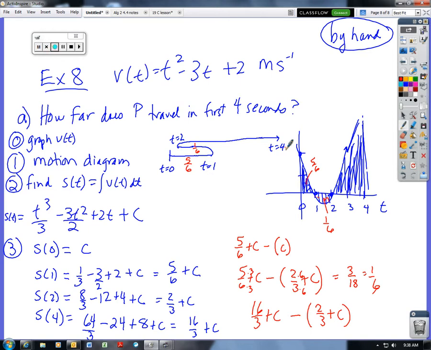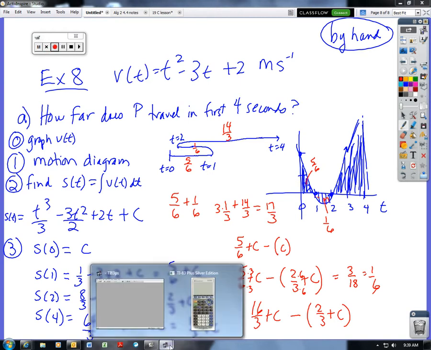They're already in thirds. 16 minus 2 is 14/3. And now I should be able to add all these up and get the correct answer. 5/6 plus 1/6, so that's 1. So 1 plus 14/3, so common denominator, and then I'm going to get 17/3. So let's check and see if I did this right. Make sure I didn't make any stupid mistakes.